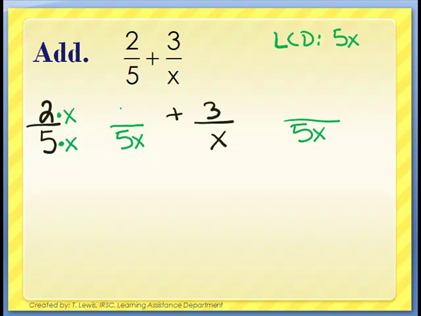So 2 times x, 2x. Next fraction, 3 over x. We want that 3 over x to be converted to a denominator of 5x. So we're going to times 3 over x by 5. And 5 times 3 is 15.